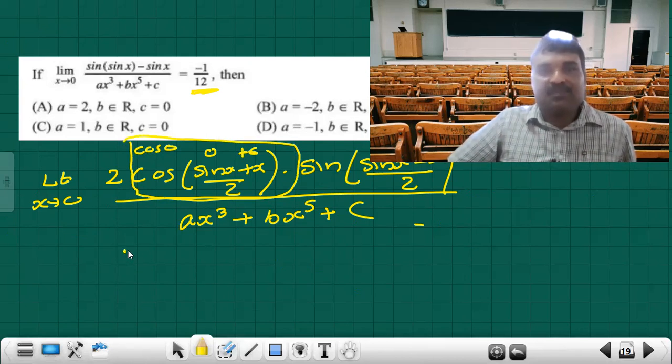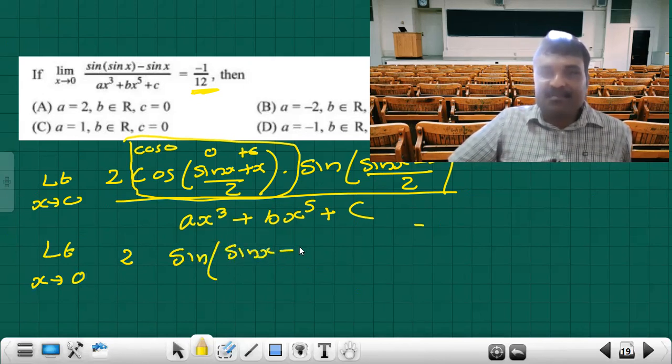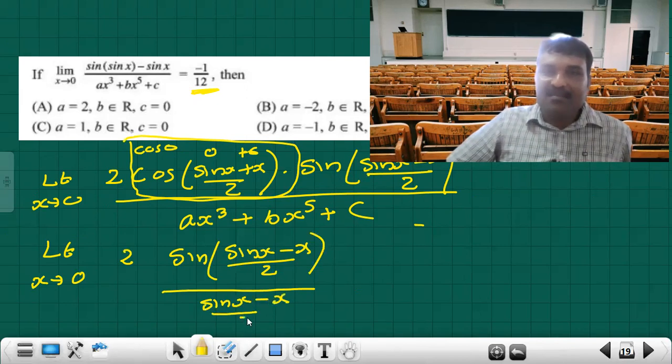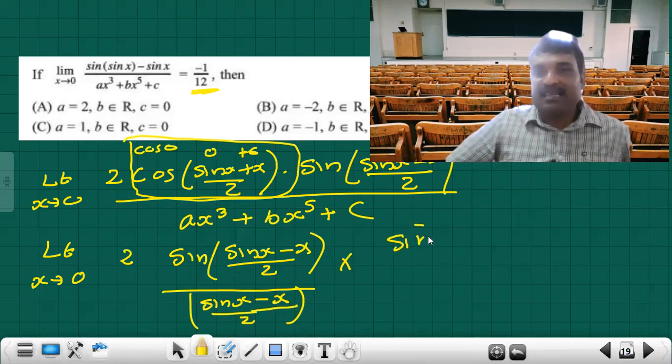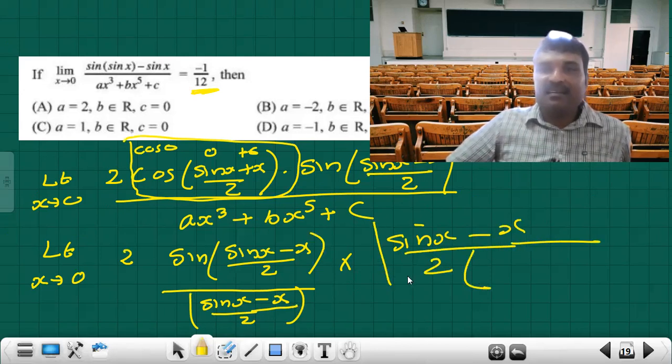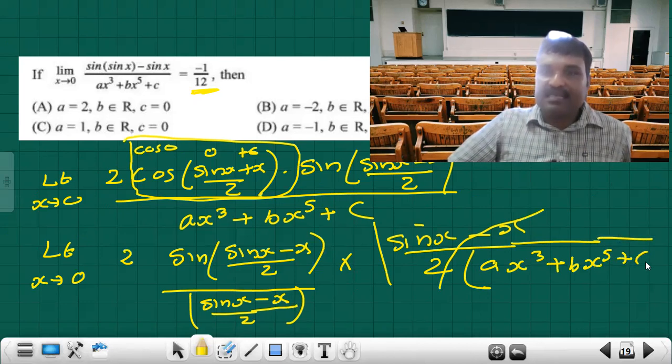So you can write this limit as 2 into sin of (sin x minus x) by 2, which can be converted into standard form. So I'm writing the angle here, that is (sin x minus x) by 2. So as to mathematically balance, we have to write that in the numerator also, that is (sin x minus x) by 2, divided by the polynomial, that is ax cube plus bx raised to 5 plus c, right?